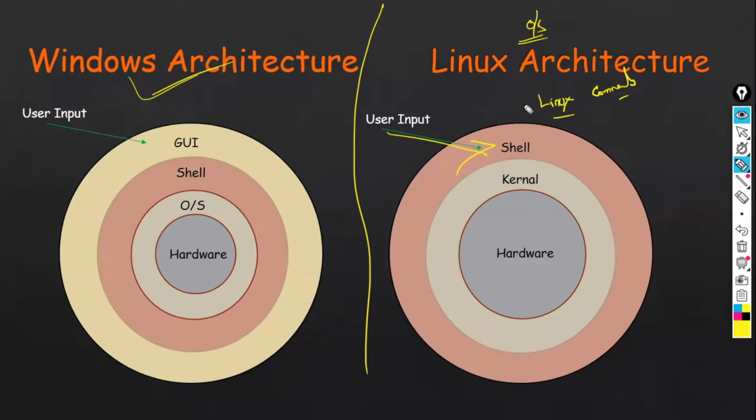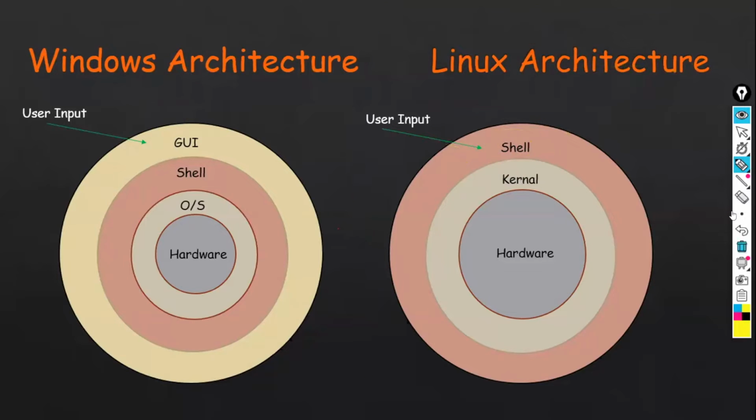But here, it's not like that. You don't have a GUI. You need to interact with the shell using Linux commands. We don't know Linux commands. That's why people take a Linux course. So this is the difference between Windows architecture and Linux architecture. Any questions here?